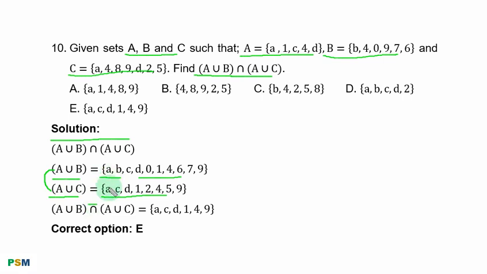A is common, B is not common, C is common, D is common, 1 is common, 4 is common, 9 is common. You have these results. The correct option is E.